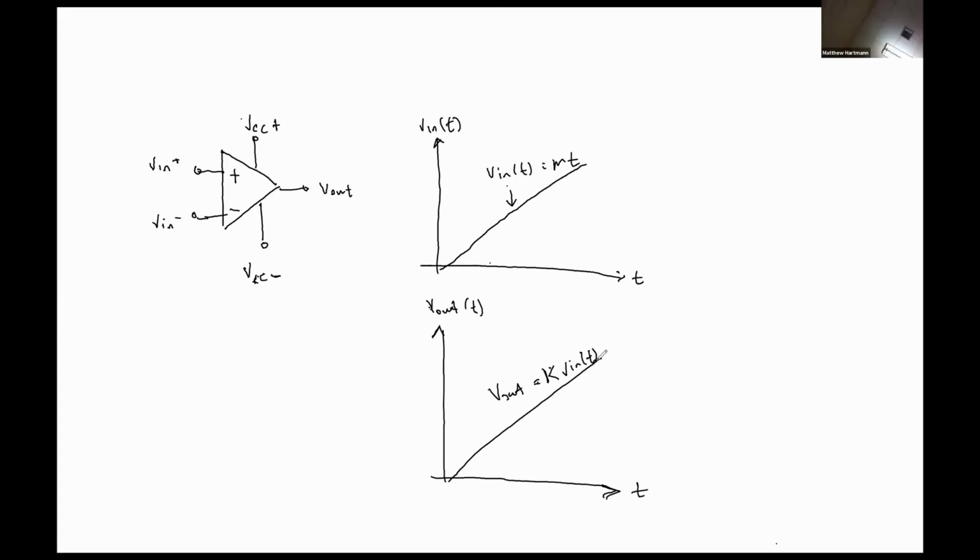Okay, so the issue is that if our power supply voltage is at this level, VCC plus, then what we would actually observe is that instead of increasing linearly, our output signal would saturate. Once it reaches the level that is the same as the power supply voltage, it stays at that voltage.